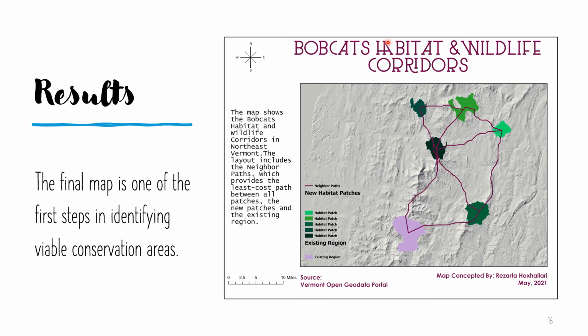So in this map, I calculated the distance from one habitat to another one, and the result shows the bobcat wildlife corridors and habitat in northeast Vermont.